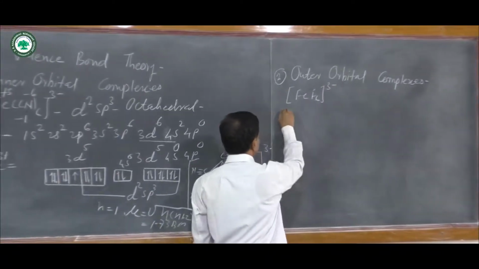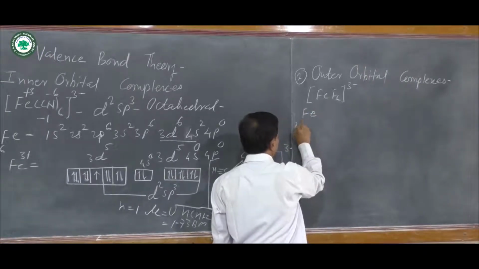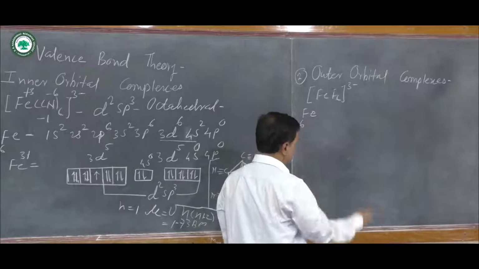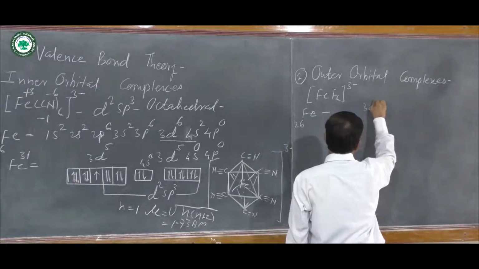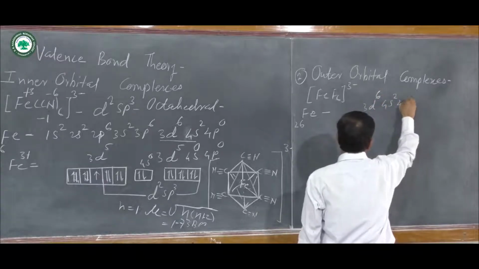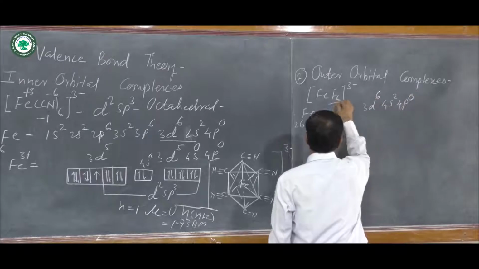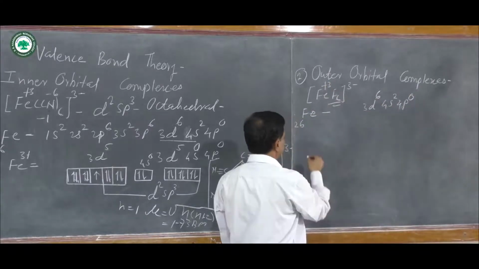Again in this complex ion, iron is the central metal ion, atomic number is equal to 26, and the ground state electronic configuration is 3d6, 4s2 and 4p0. In this complex, the charge on iron is plus 3.